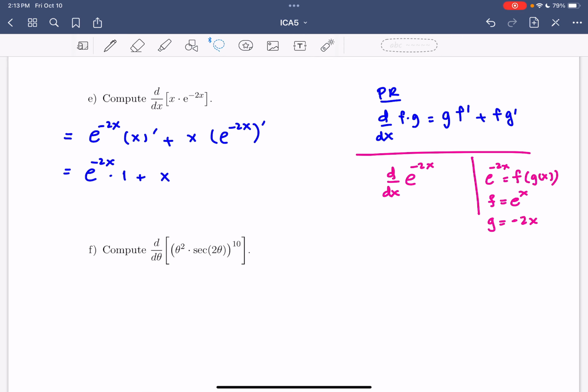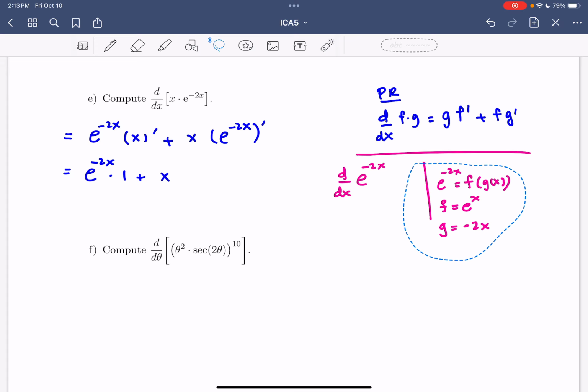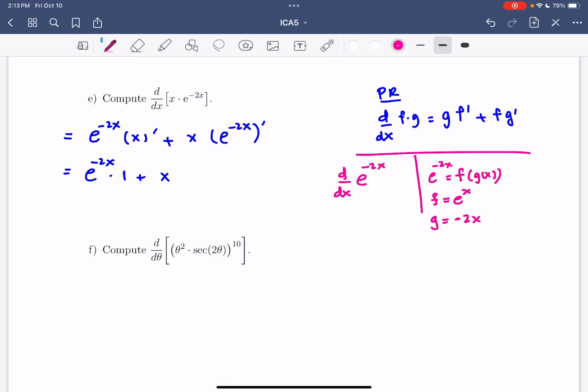Now, the formula is not going to change, right? The formula goes, you take the derivative of the outer, which in this case tells me that f prime is equal to e to the x. You replace the x with your function g, and then you come back and multiply by the derivative of g, which in this case is negative 2, okay?